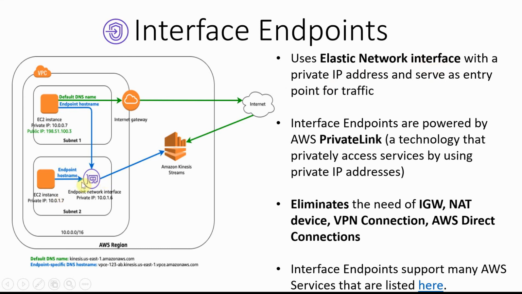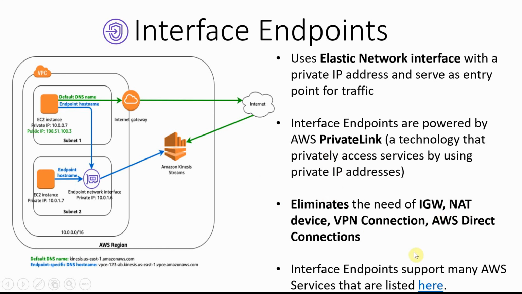They use the private subnet and the elastic network interface, and they talk to outside products like S3 or Kinesis. They use PrivateLink, a very common terminology in multiple AWS products, which primarily gives private access, not public access. So it eliminates the internet gateway and so on.